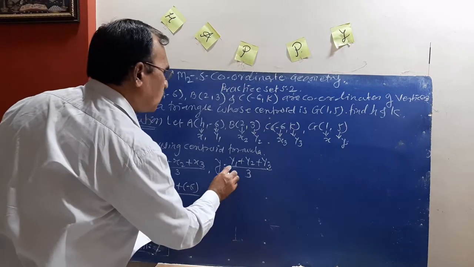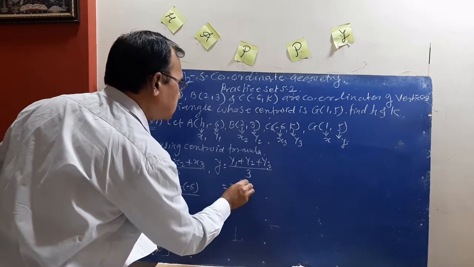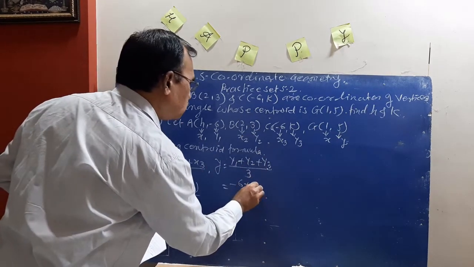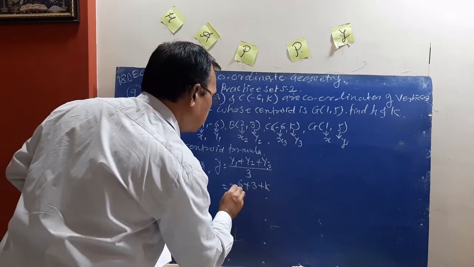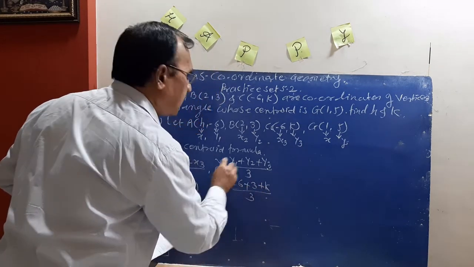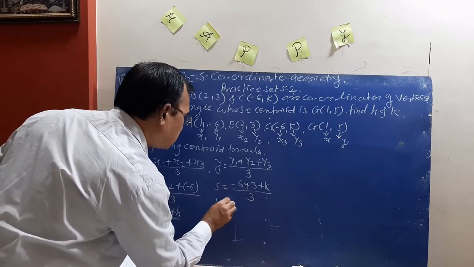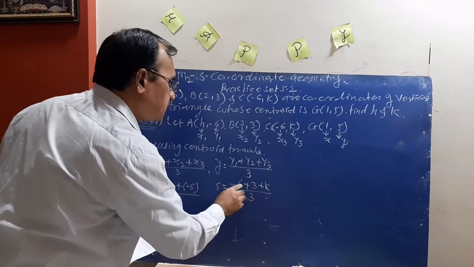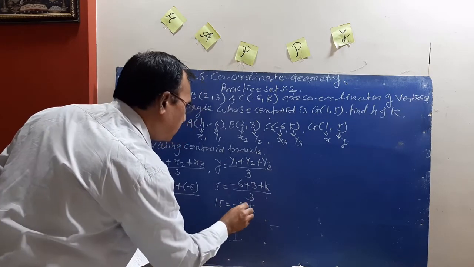Then put the values of y1, y2 and y3: y1 is -6, y2 is 3, and y3 is k, divided by 3, and y is 5. 5 3s are 15, and here -6 plus 3 is -3 plus k.